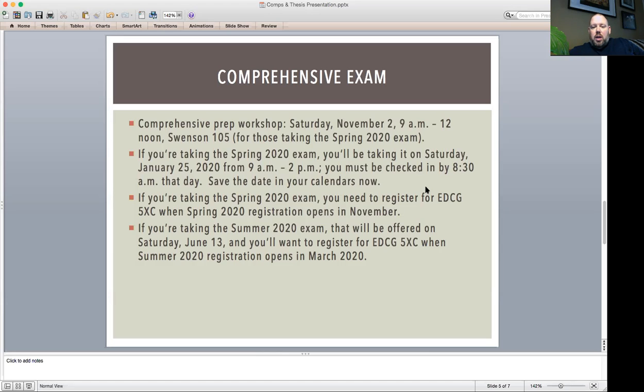I strongly recommend it. The prep workshop should only be for folks who are taking the 2020 exam though. So if you are a second year or a first year, don't go to this one, I promise. It's not going to be useful to you. Go to the prep workshop when it is offered for the time that you're taking the exam.